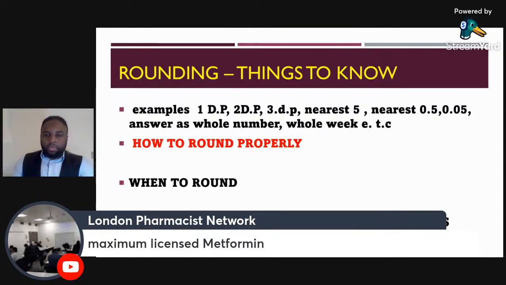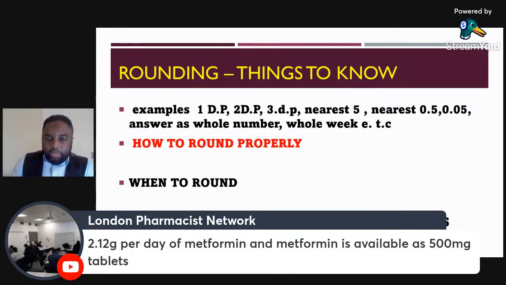What I want you to do is tell me how many tablets of metformin, 500 milligrams, you would give to this patient for 1 week, 7 days supply. Metformin comes as 500 milligram tablets.